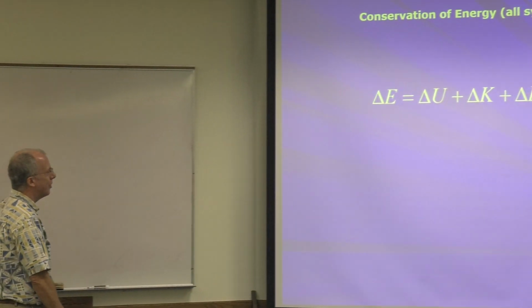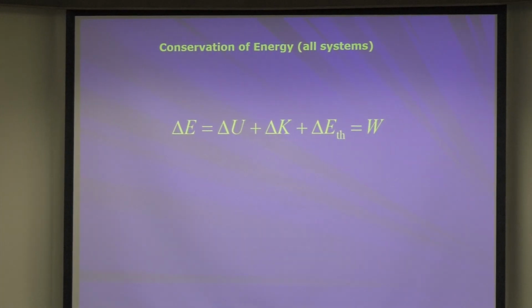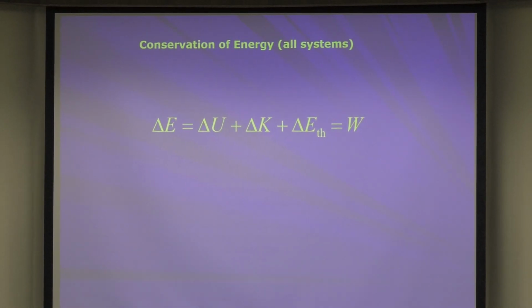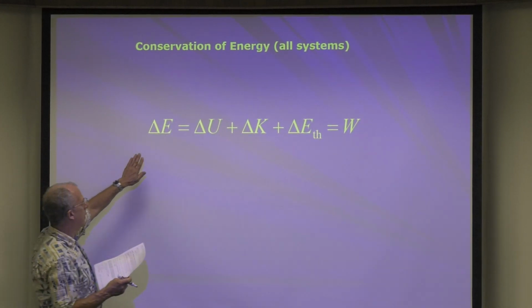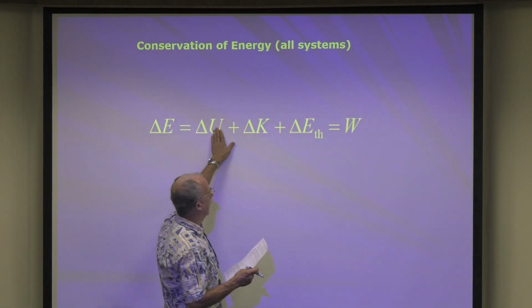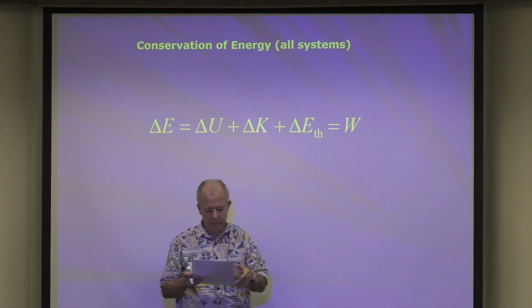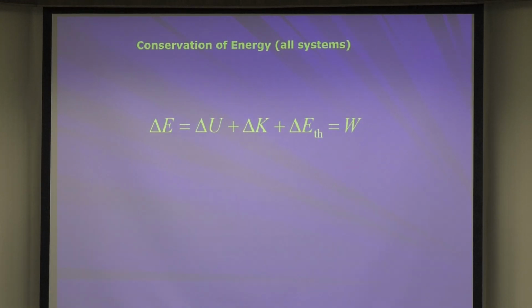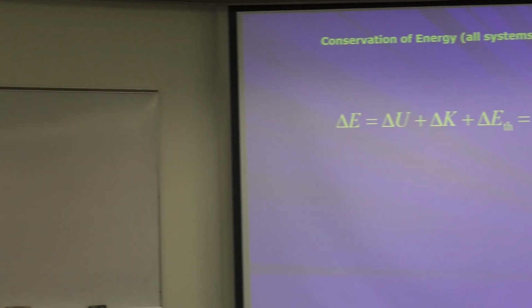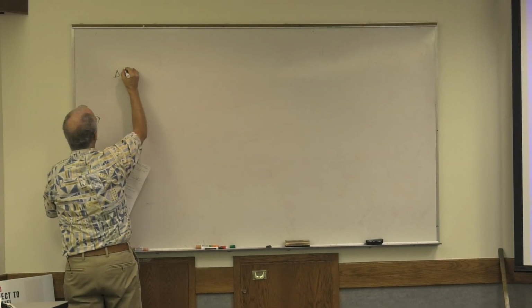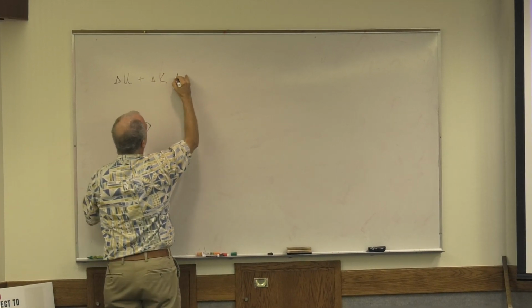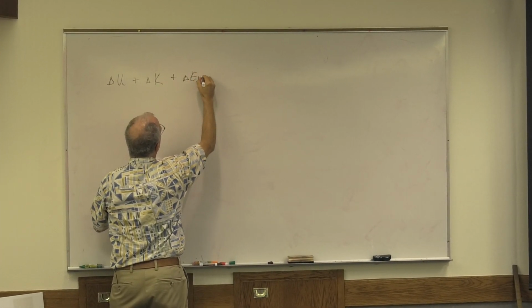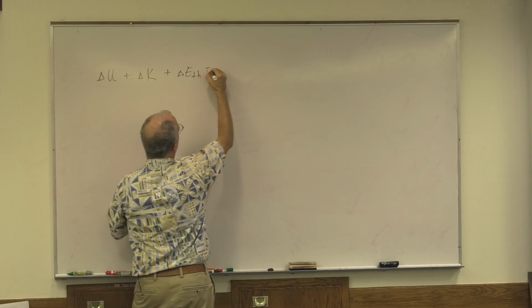All right, so we're going to begin with our favorite equation. So I've got to do some math, sorry, but we've got to do it. Okay, so I'm going to ignore this part. I'm just going to use this, kind of like what we did before. So I'm going to start with delta U plus delta K plus delta E therm, remember, equals work.